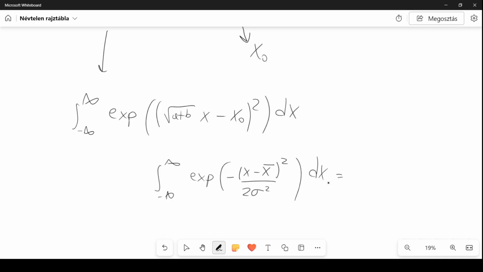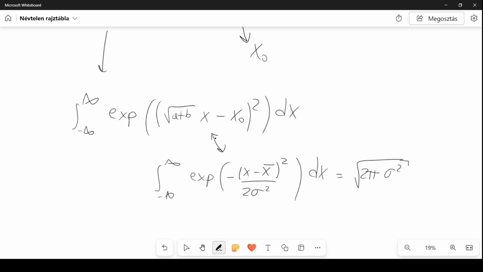One can show with very simple multivariable calculus techniques that this integral integrates to the square root of 2 pi sigma squared. So if you want, you can factor out sigma squared and you get sigma. But anyway, you can write it like this, and therefore this mean value here gives no contribution. So you can set it to 0 very easily.